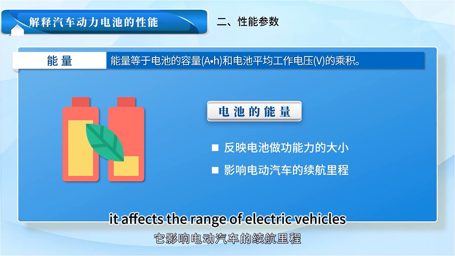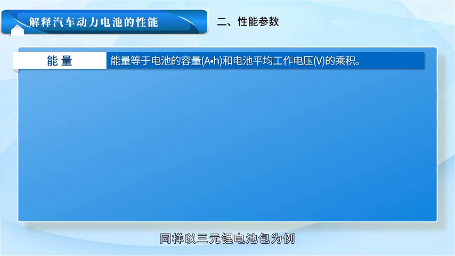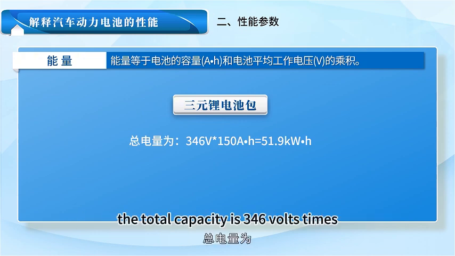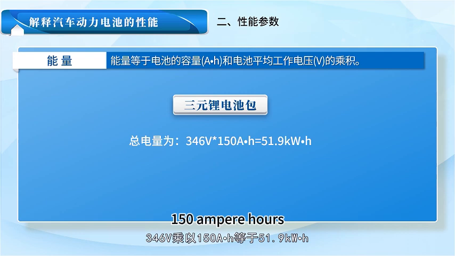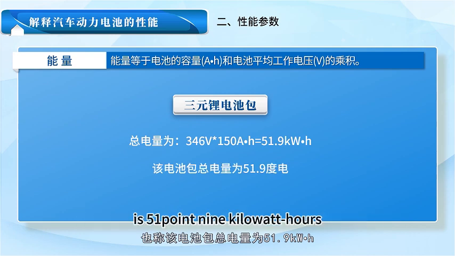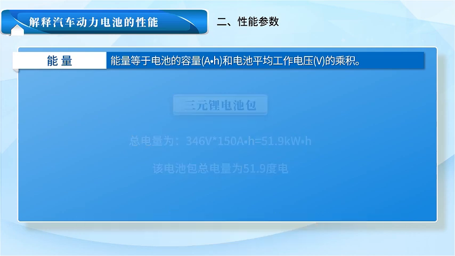It affects the range of electric vehicles. Take a ternary lithium battery pack as an example. The total energy is 346 volts times 150 ampere-hours, which equals 51.9 kilowatt-hours. This is also known as the total power of the battery pack, 51.9 kilowatt-hours.